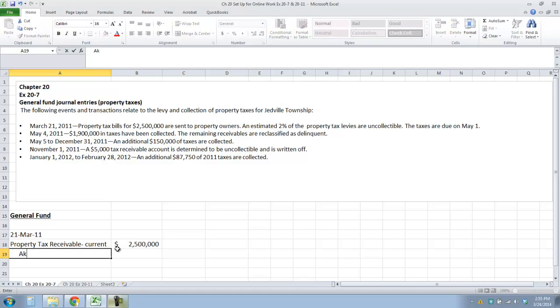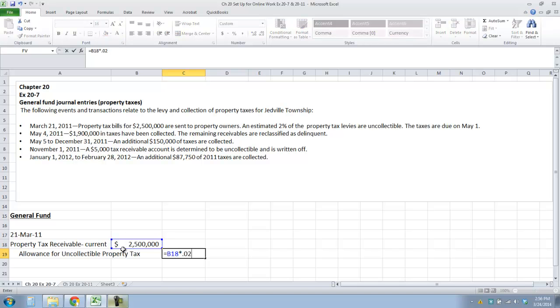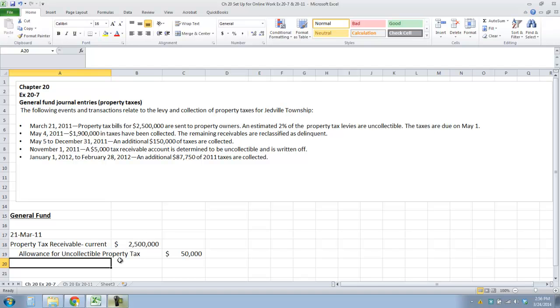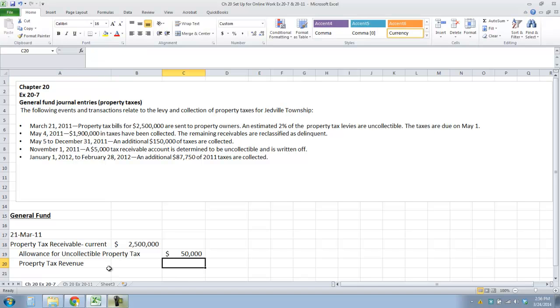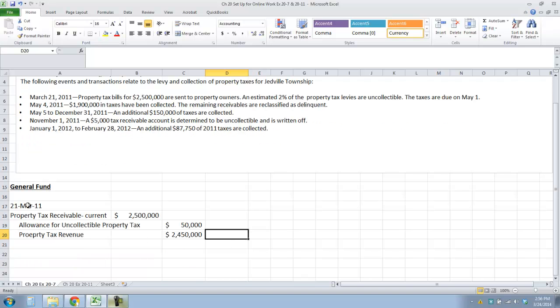And then a portion of it, 2%, allowance for uncollectible. And that's going to equal 2%. So this is going to be an allowance for uncollectible. And then we have property tax revenue. And it is this minus the allowance. So that is to record a property tax levy.